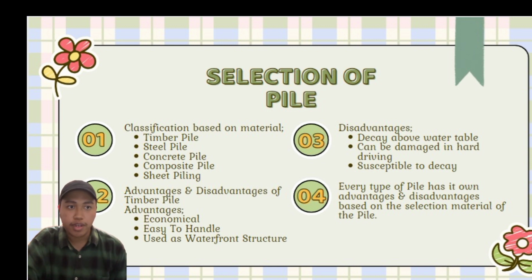But there are advantages and disadvantages for using timber pile. The advantages are that it is economical, easy to handle, and used as waterfront structure. Meanwhile, the disadvantages are decay above the water table, it can be damaged in hard driving, and it is susceptible to decay.